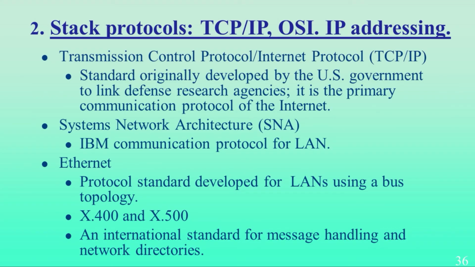Now let's talk about the protocols. TCP/IP means transmission control protocol and internet protocol. It is a standard originally developed by the US government to link defense research agencies. It's the primary communication protocol of the internet.